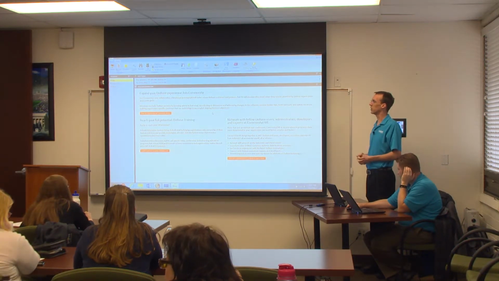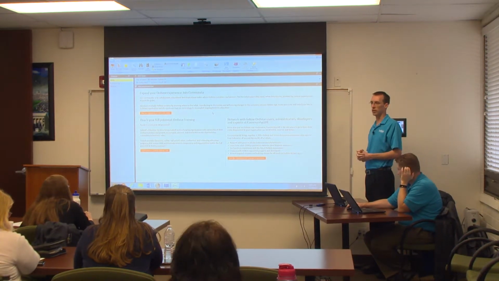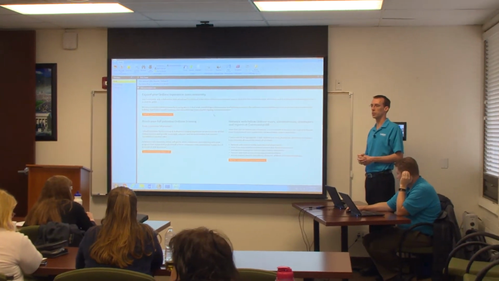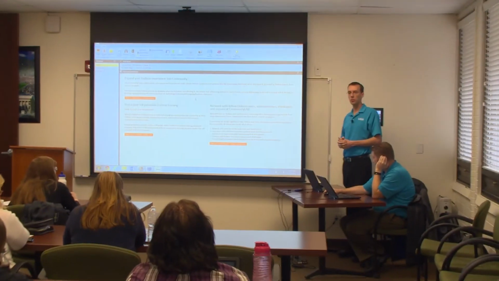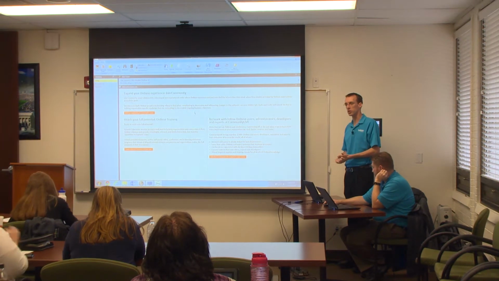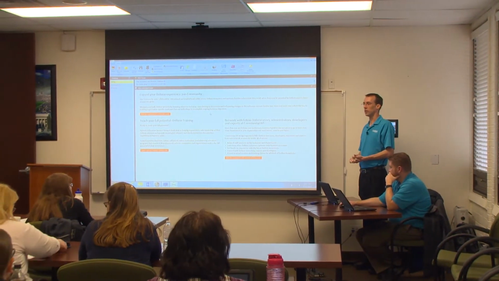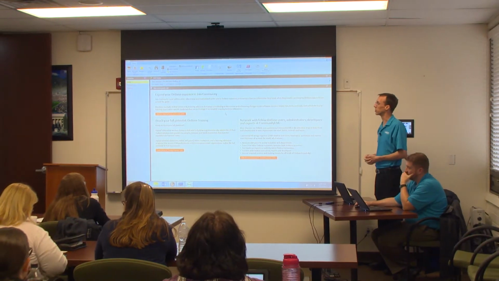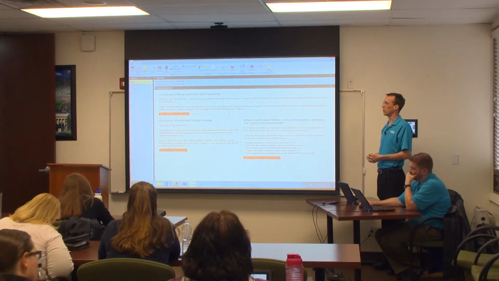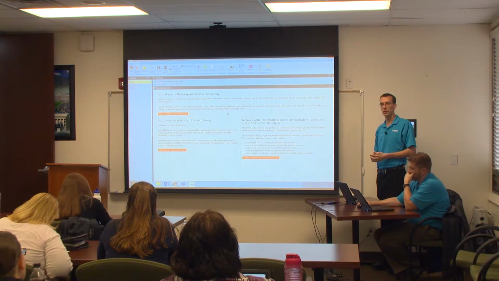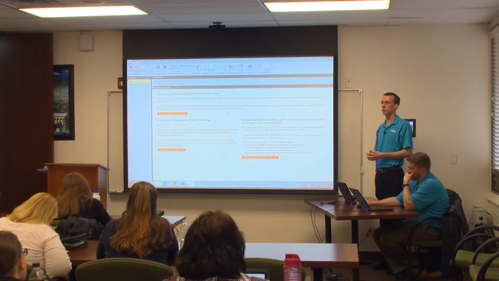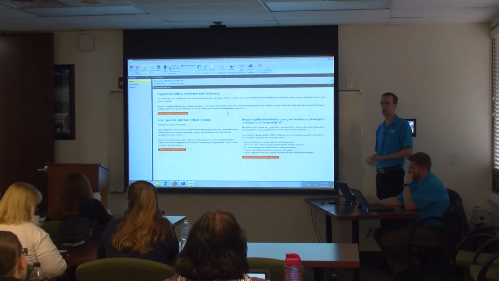OnBase has three different ways to interact with the database and to retrieve documents. There is what we call the thick client or the OnBase client, which your administrators will be using. We're not going to worry about that one. There's the Unity client, which is what I have on the screen here. That is what most of you power users will be using to interact with documents, to do forms, workflow, and different things like that.